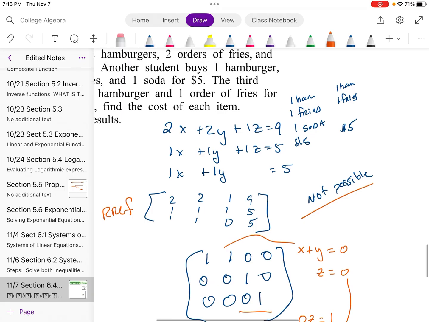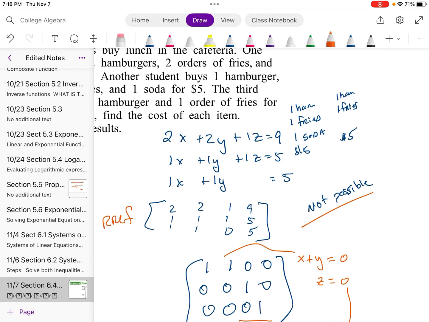I was also just looking at the wording of it, and it gave me an indicator of why this one was no solution. It said the second person got one hamburger, one fry, and a soda for $5, and the third person got one hamburger and a fry for $5.